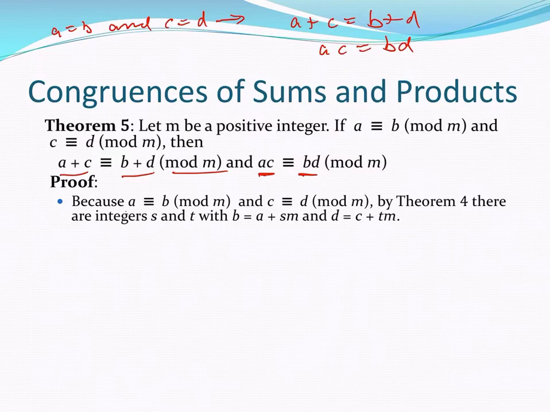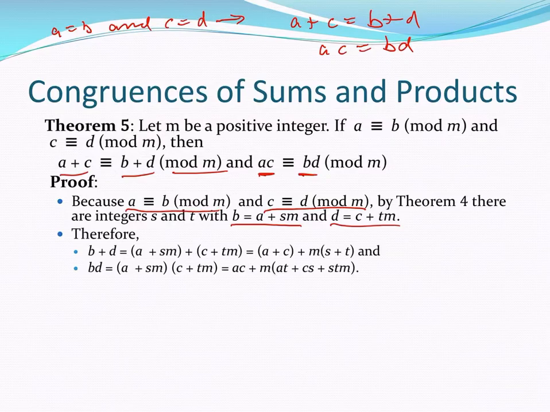Here's our proof. If a is congruent to b mod m and c is congruent to d mod m, by our previous theorem, b is equal to a plus s times m, and d is equal to c plus t times m. We'll add them together and combine terms that include m as a factor.